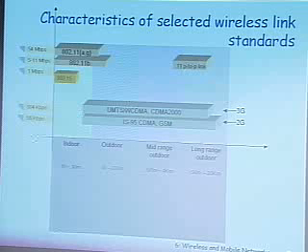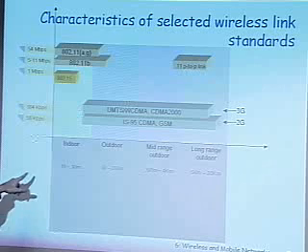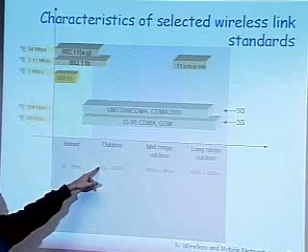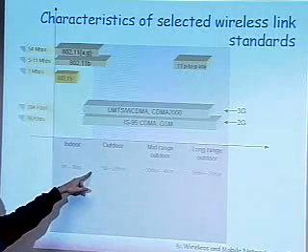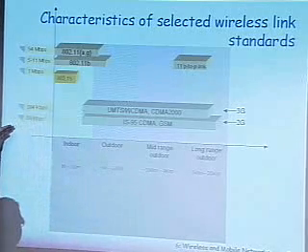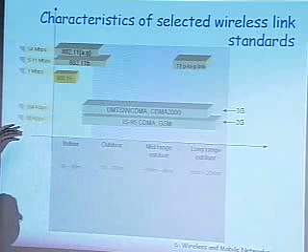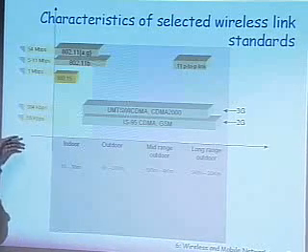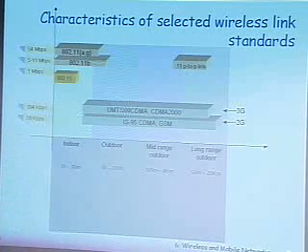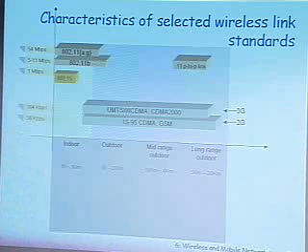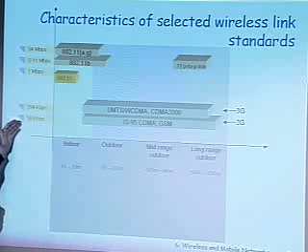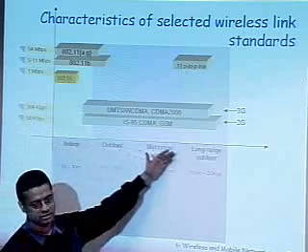They operate at the highest speed, but because they operate at these high speeds, the distance over which they can operate is also the smallest. There are other cellular or long distance standards. If you've heard of terms like 2G or 3G, they operate at lower rates, but they can also operate at longer ranges.